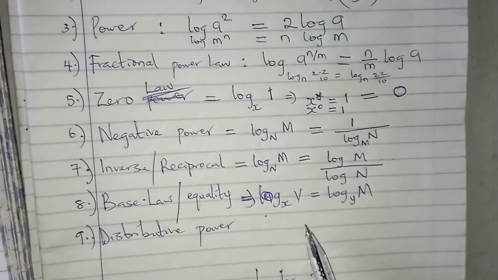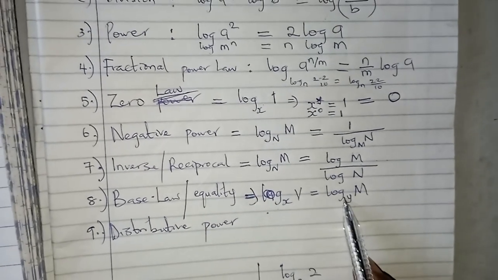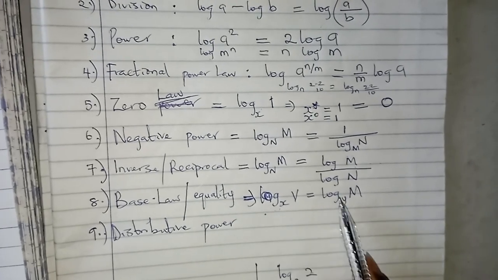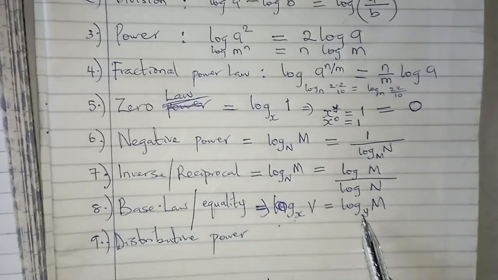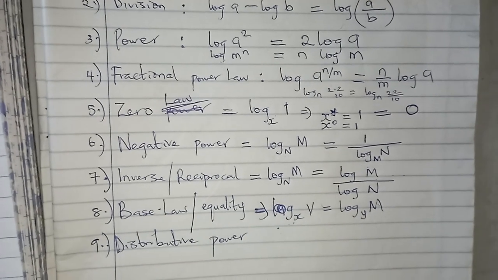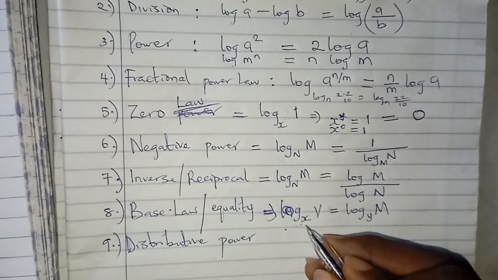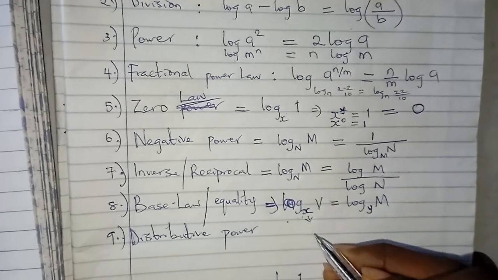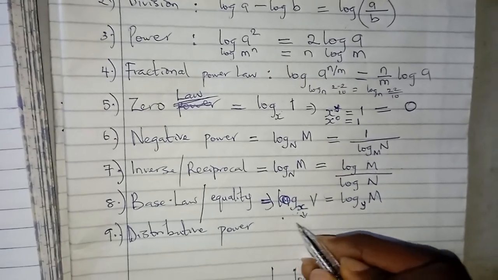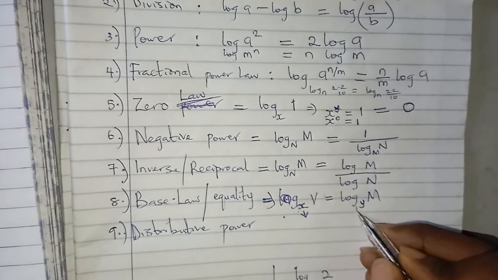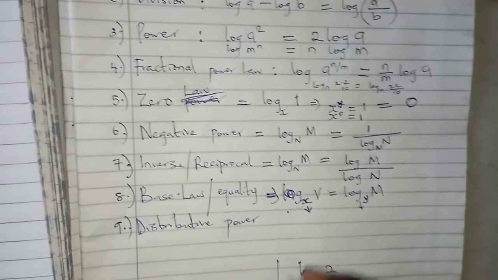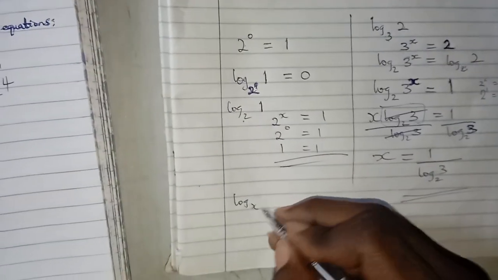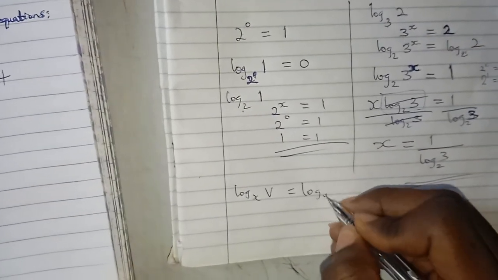What this law is saying is that since it is this way, and notice they have nothing in common, I should solve for each separately. So this will be the same thing as saying, log xv equals log ym.